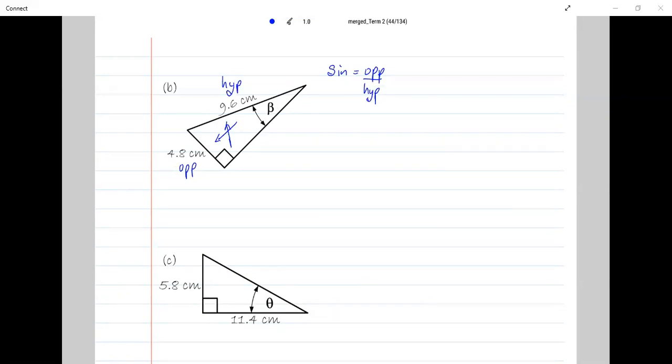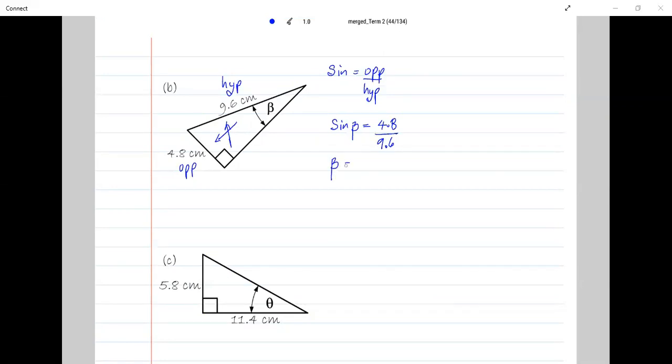The more I write that, the more I'm going to remember it. Then I'm going to say the sine of the angle, which I don't know, beta, is equal to opposite 4.8 over hypotenuse 9.6.